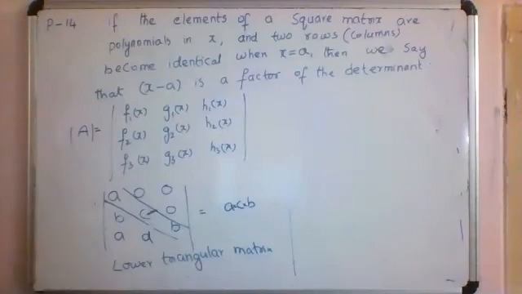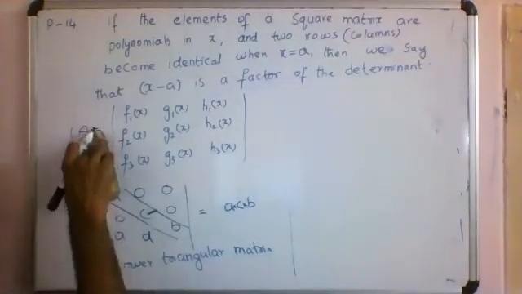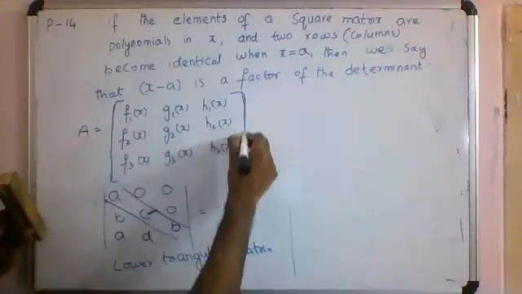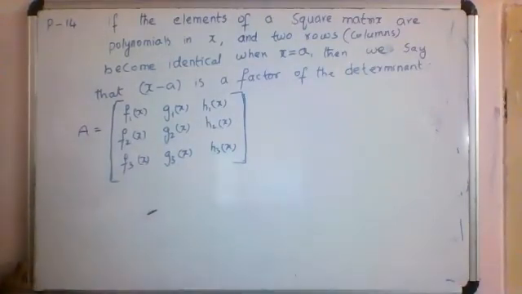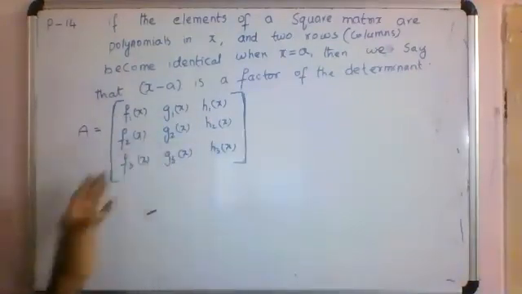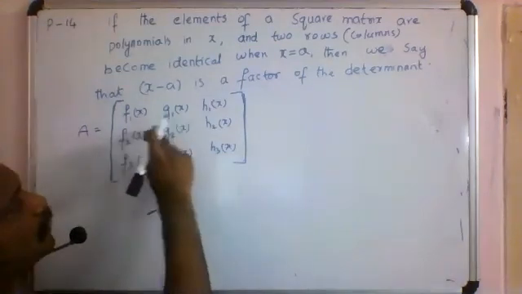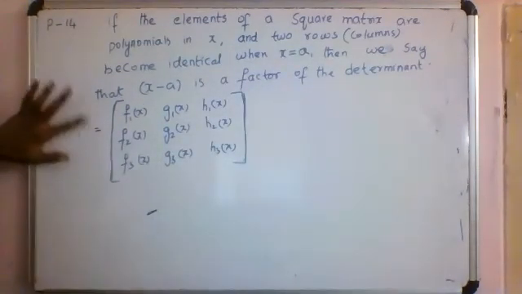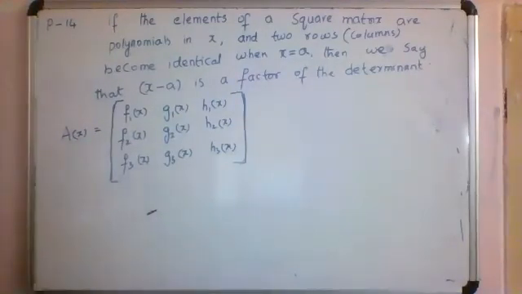He said elements of a square matrix, so let me keep this a square matrix. In this square matrix, instead of numbers, we have this time functions in X. If in the place of X you substitute A, I can write this as a function in X, right?